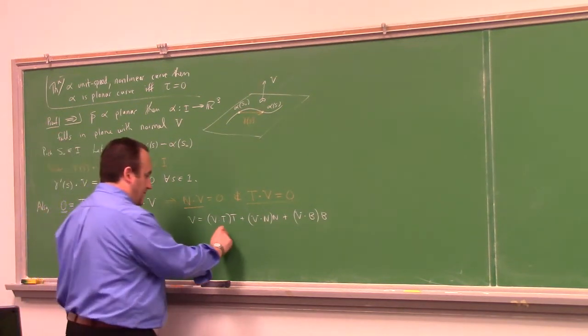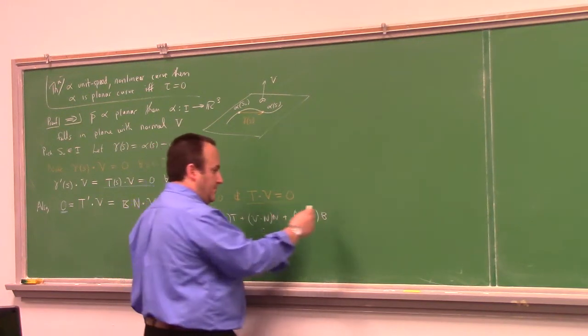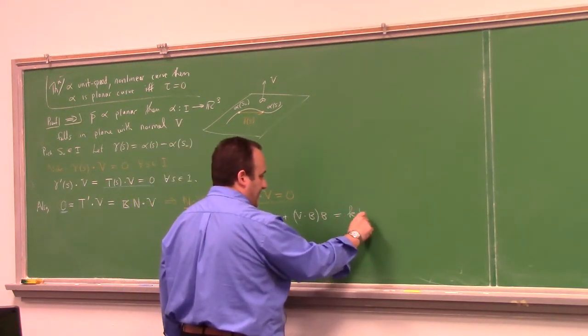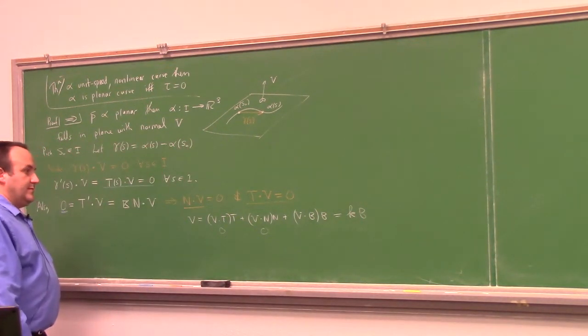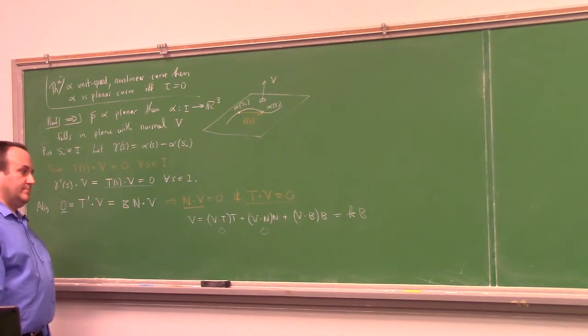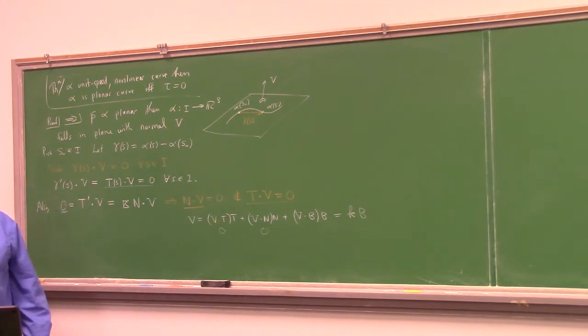Exactly, 0, 0, and this doesn't have to be 1, but it has to be some constant k times b. But that k can't change from point to point. The length of V is fixed. So if k works out to be 2 at one point in S, it has to be 2 everywhere. K cannot be a function of S because V is a fixed normal to a given plane.